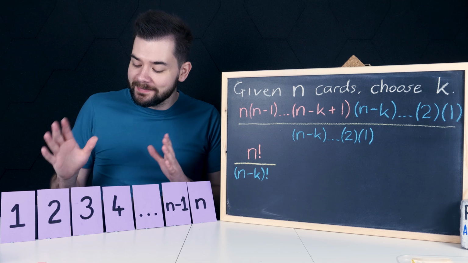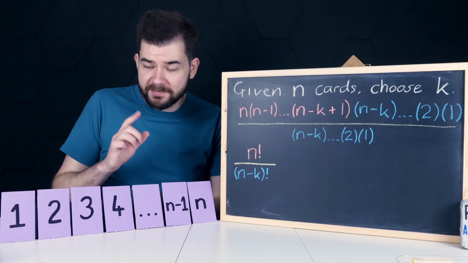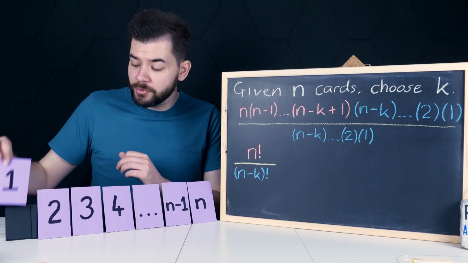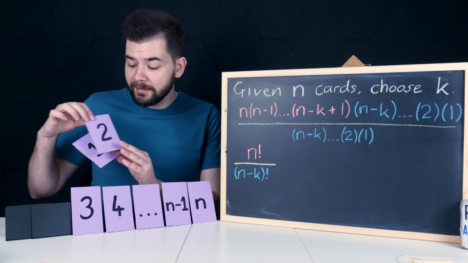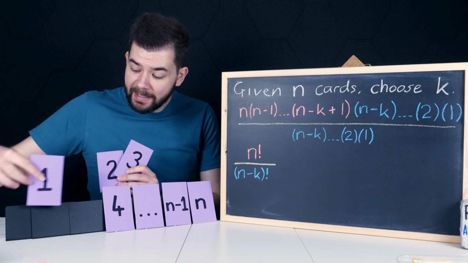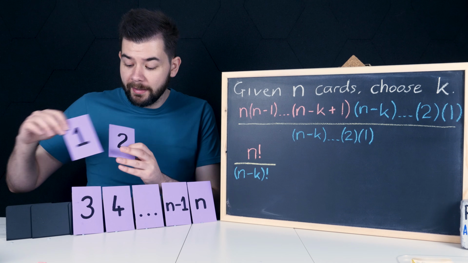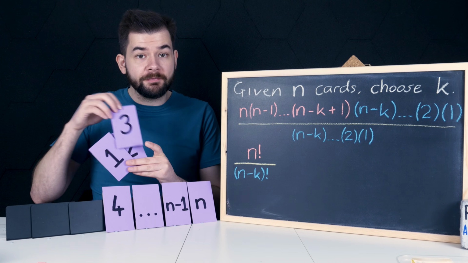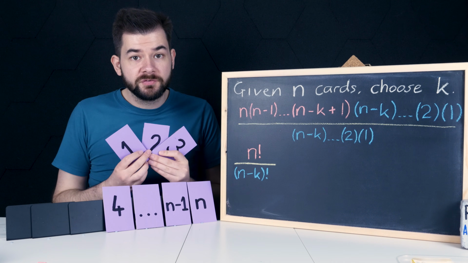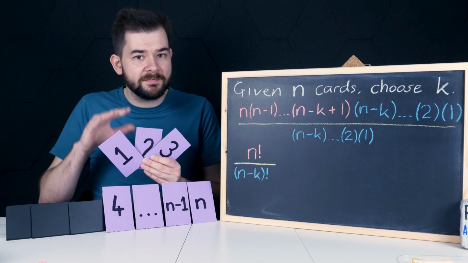To see why, let's take k equals 3, so I want a hand of 3 cards, and consider this. The hand that I get by choosing first card 1, then card 2, then card 3, is the exact same hand as if I choose card 2, then card 1, then card 3, as the order of the hand doesn't matter. So this hand has been counted more than once, even though it's the same hand.